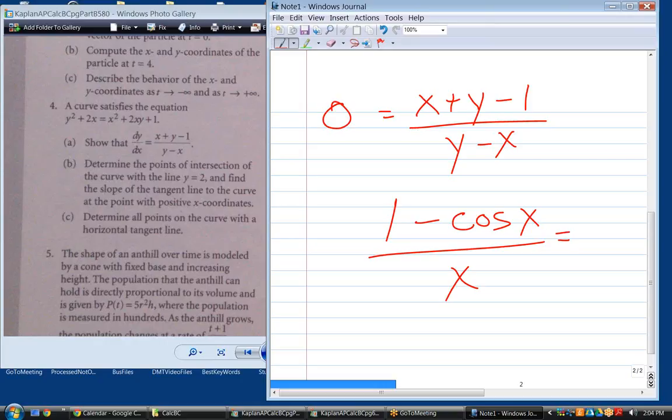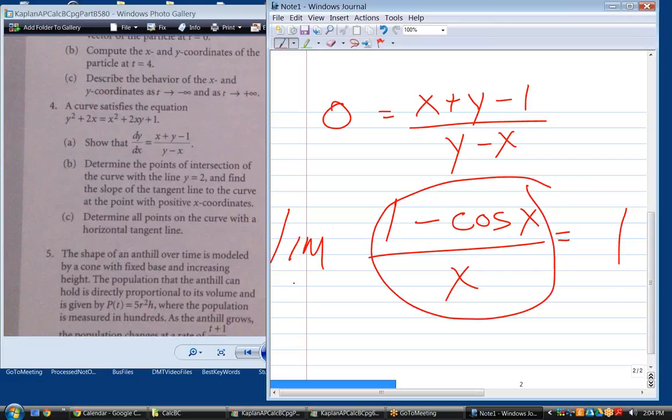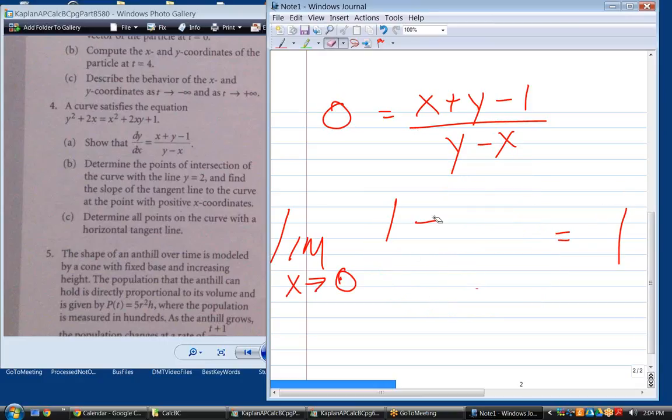But this, in fact, is equal to 1 if we do the limit of this expression as x goes to 0. Excuse me, that one was equal to 0. This is what's equal to 1.